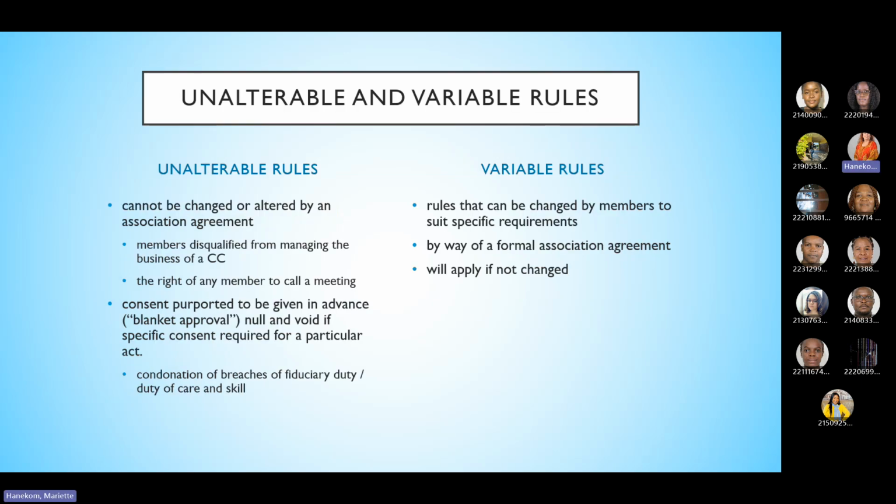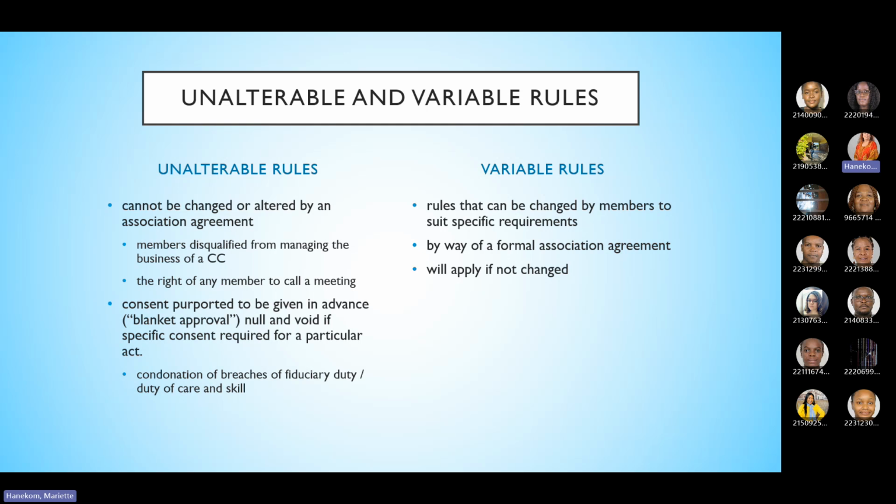Now, looking at the contents of an association agreement, what may be in an association agreement and what may not be in an association agreement. The Close Corporations Act contains certain rules that we describe as unalterable rules.